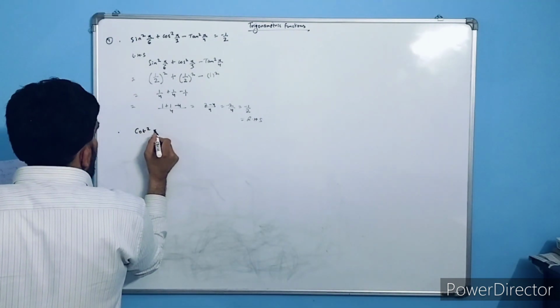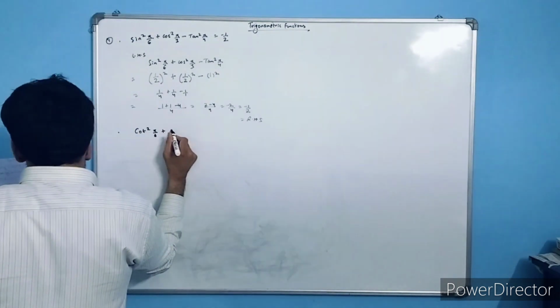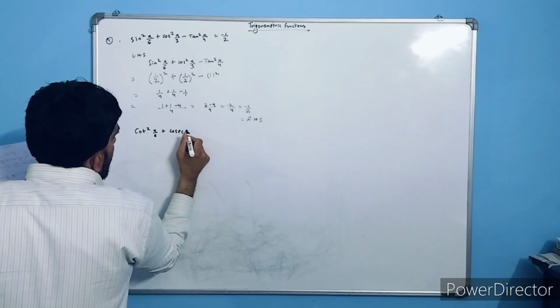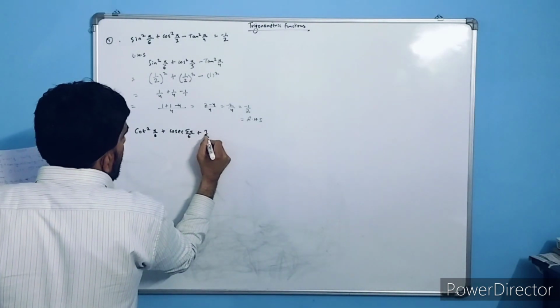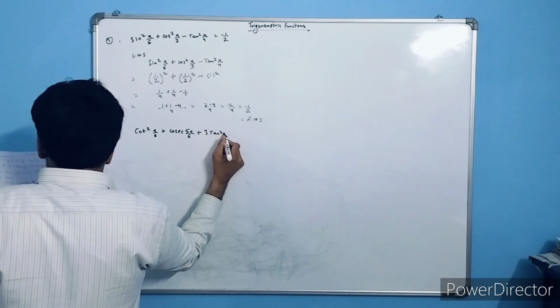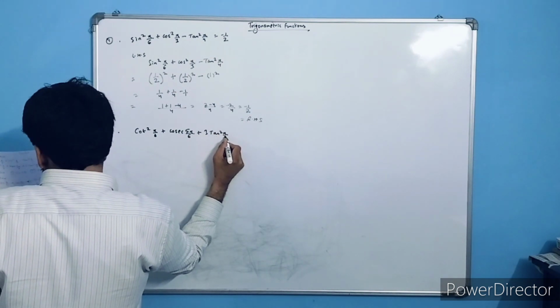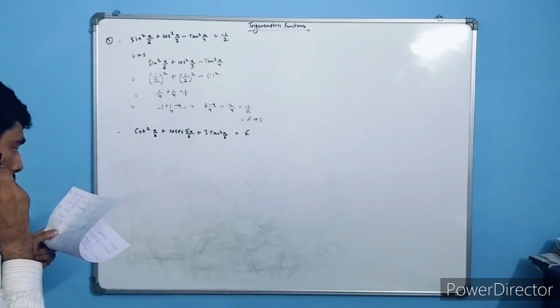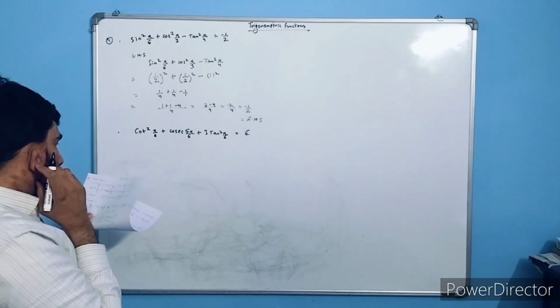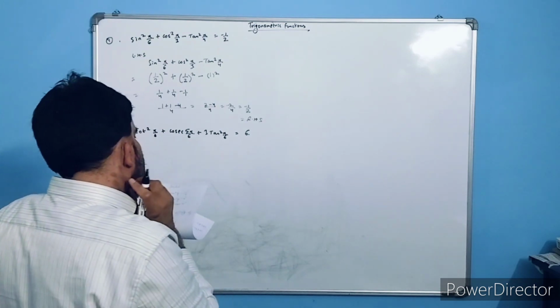cot square pi by 6 plus cosec 5 pi by 6 plus 3 tan square pi by 6 is equal to 6. Okay, we need to prove this. Cot square pi by 6 plus cosec 5 pi by 6 plus 3 tan square pi by 6 is equal to 6.